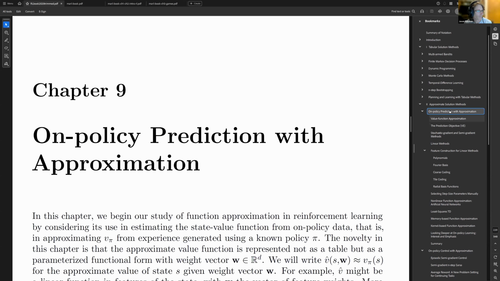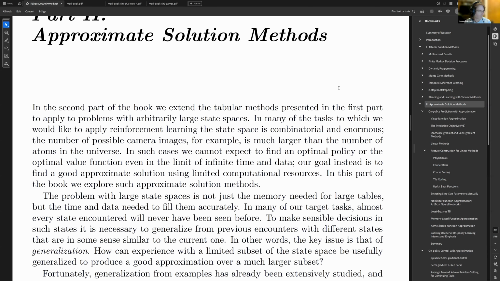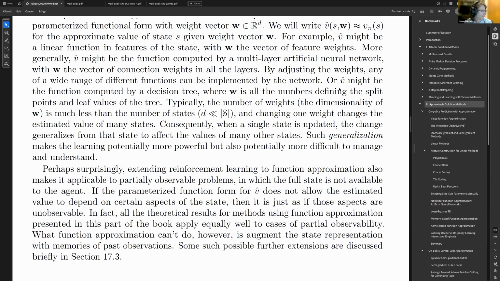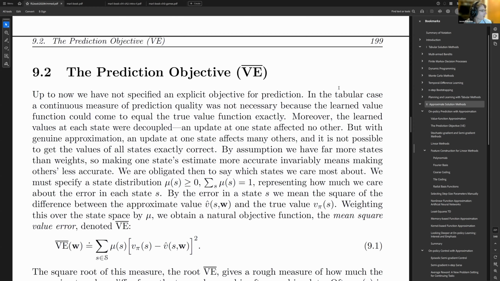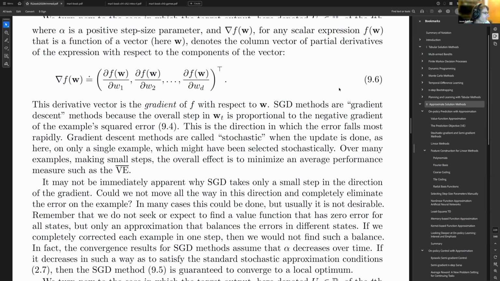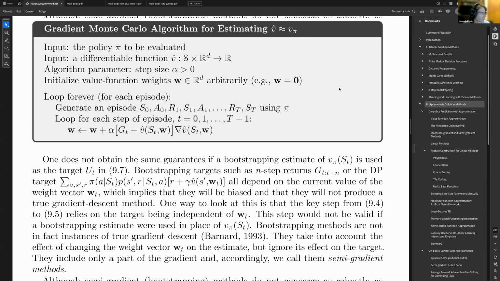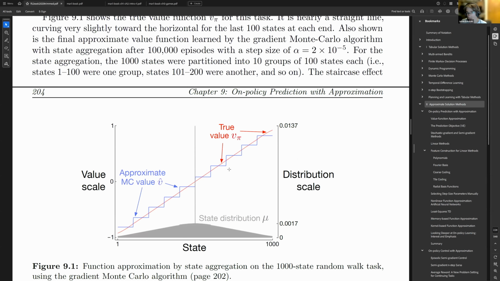One of the reasons is that when we talk about approximate solution methods, these are cases where we use a function with parameters to learn. Here's an example of this simple random walk example. We have this approximation function.